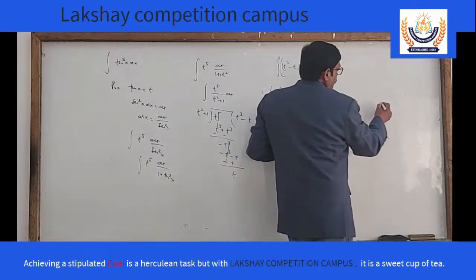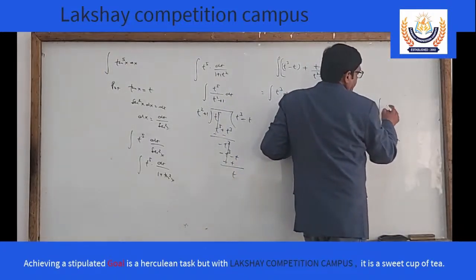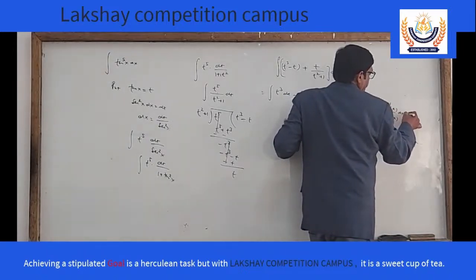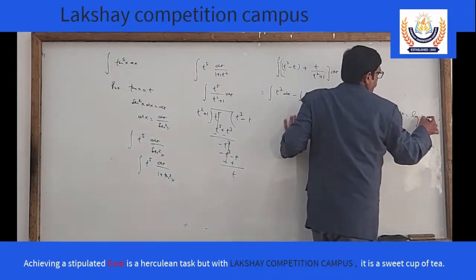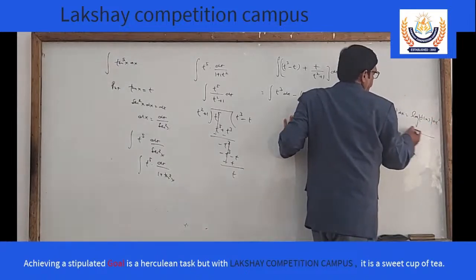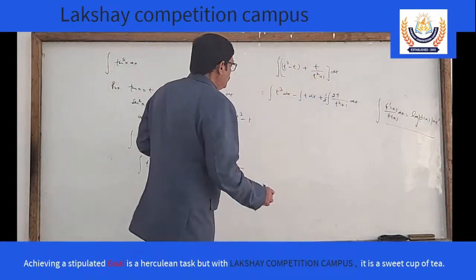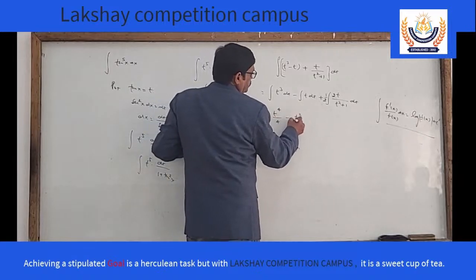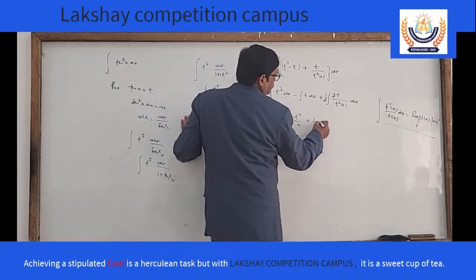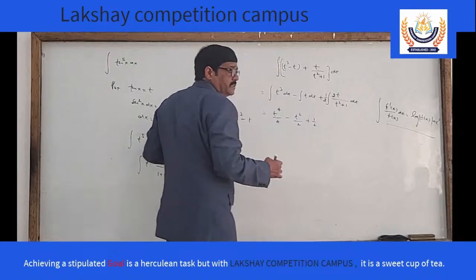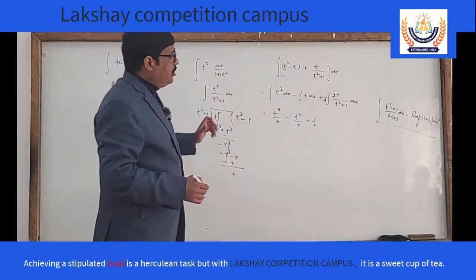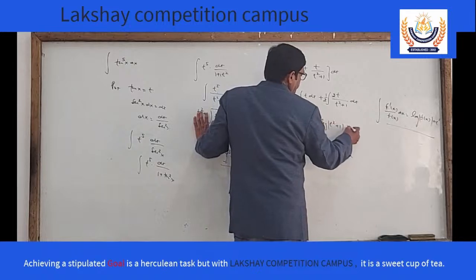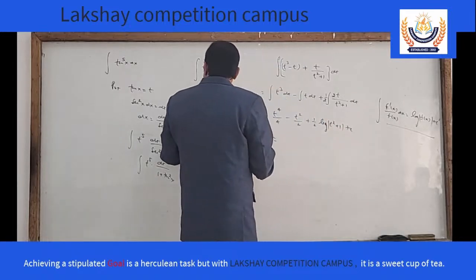As I told you, f dash x by fx is log fx. This is a property, right? So you write t⁴ by 4, minus t² by 2, plus 1 by 2 log of (t² plus 1), plus constant. What is t here?